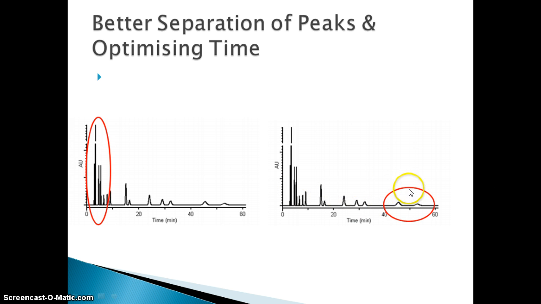The final mobile phase composition is altered to ensure elution of the compounds of interest from the column within a reasonable time. These two peaks here have been eluted at such a slow rate, and we can improve it using gradient HPLC.